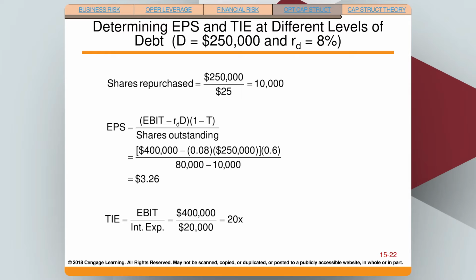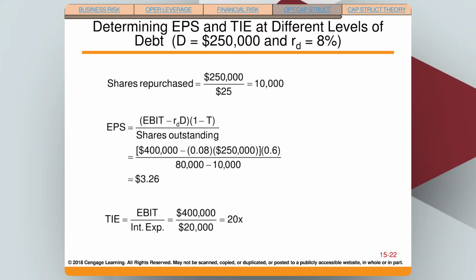Then, we minus it with our 0.08 because the 0.08 here is the RD, meaning the rate. Minus the 0.08, and also you have the 250,000. We will multiply it by the tax. Then, divided by 80 minus 10. So, the answer here is 3.26.